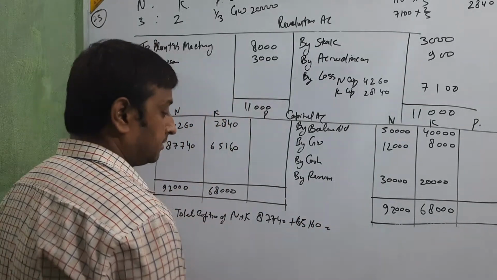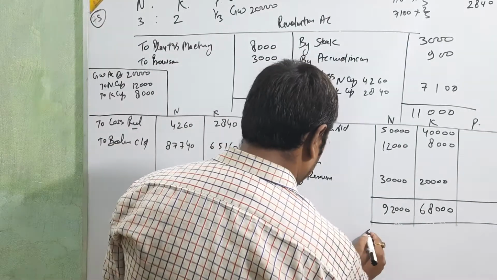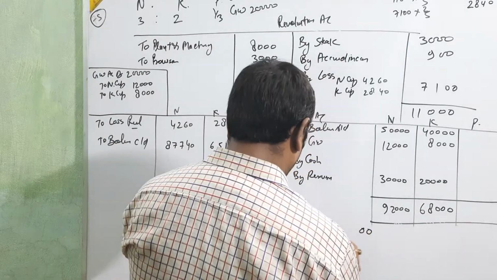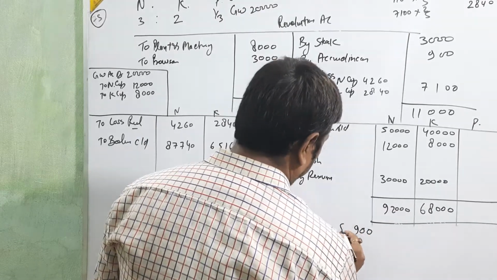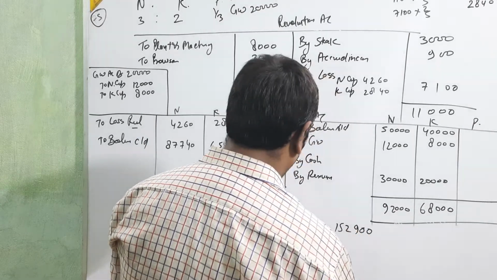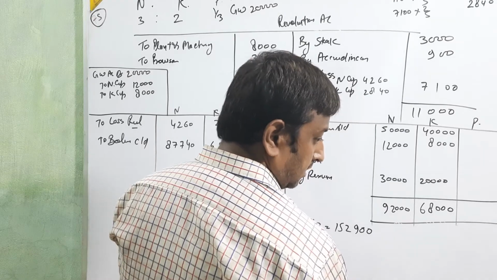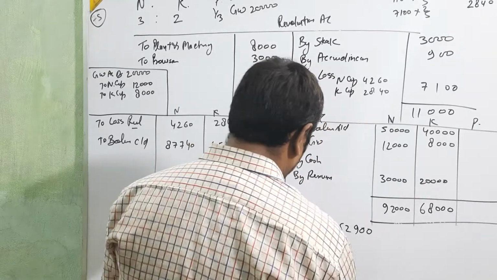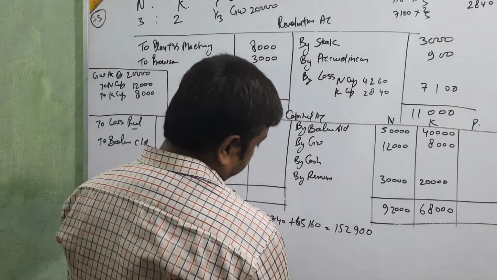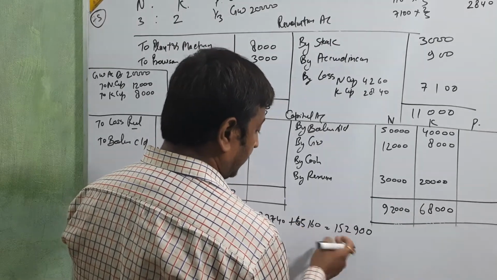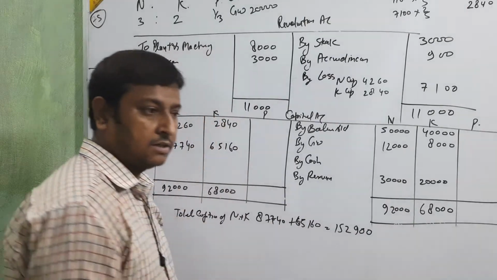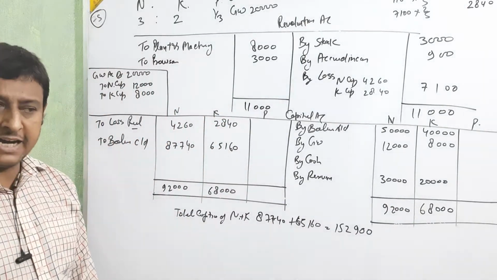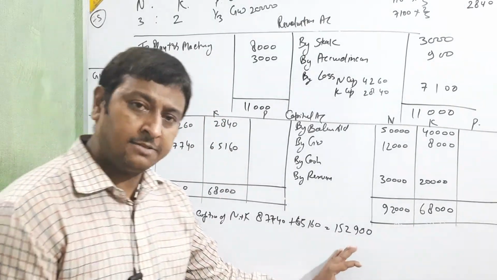What amount is coming? Tell me. 1,52,900. Okay, clear? It's coming, beta.